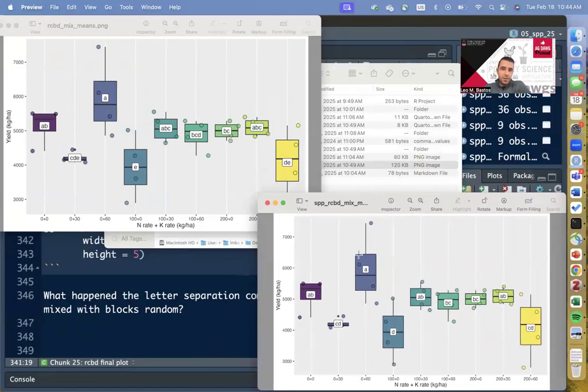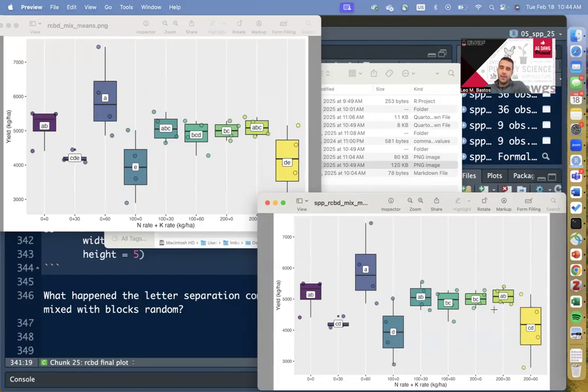So the highest treatment is still A by itself. We have an AB, a CD here. So it seems like on the split plot, which is on the bottom here, we don't have E's anymore. The lowest is a D, meaning that some of the letter separation changed.